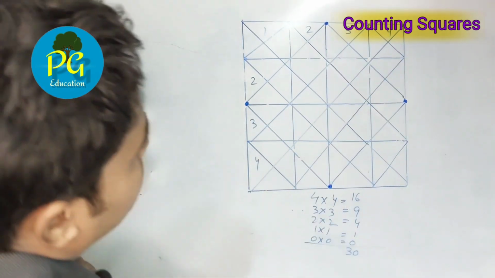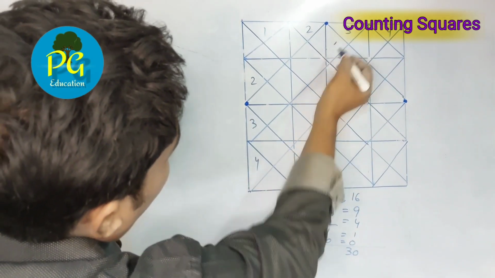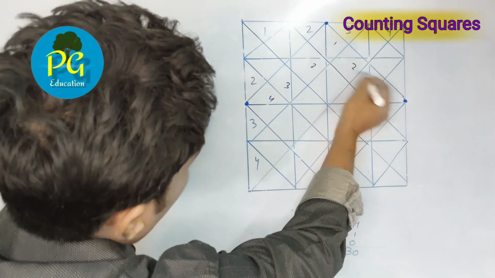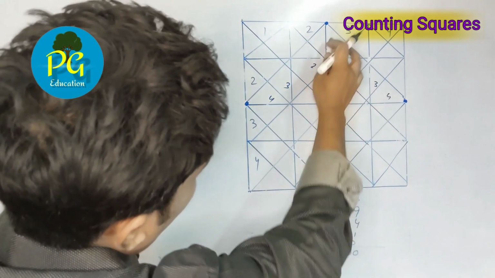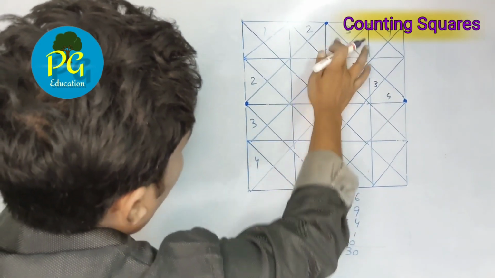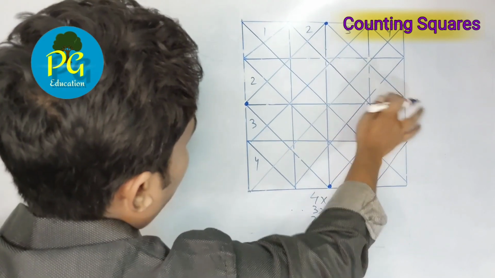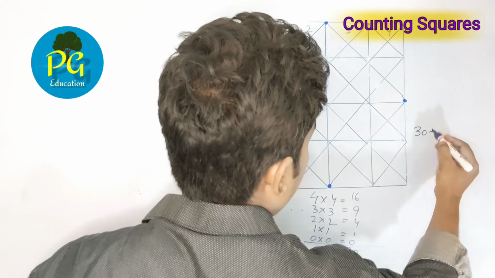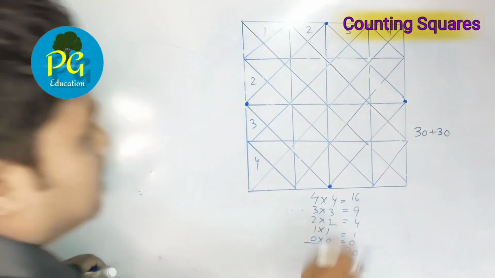Understood or not? 4 rows, 1 2 3 4, and 4 columns, 1 2 3 4. So for this square we have to take another 30 squares. So 30 plus 30, this 30 and this 30.